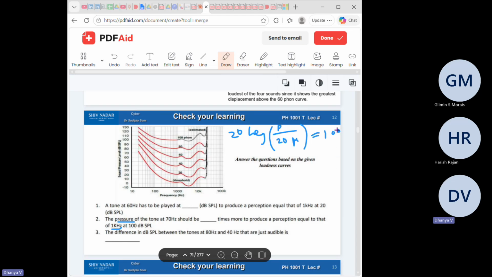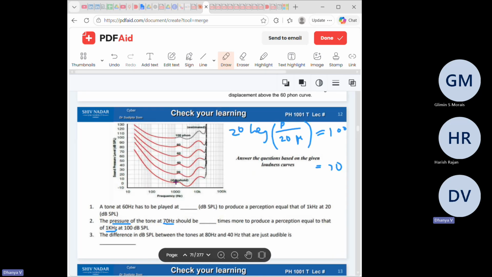That is one. And then they've given you 70 hertz. The pressure of the tone at 70 hertz should be dash times 4. So again, we write the same old thing for 70, equal to 20 log P by P naught.